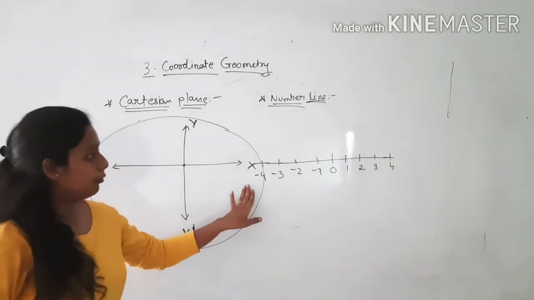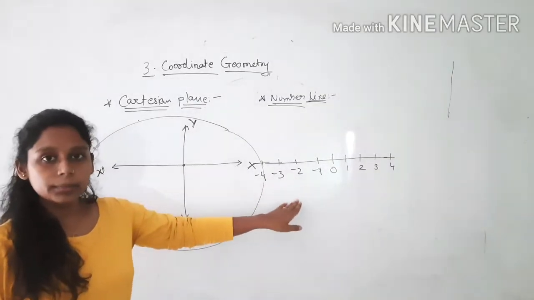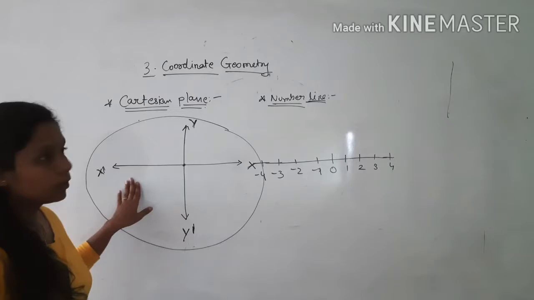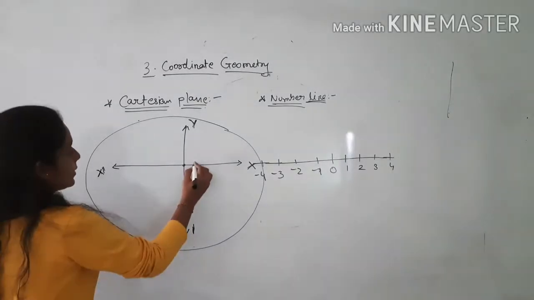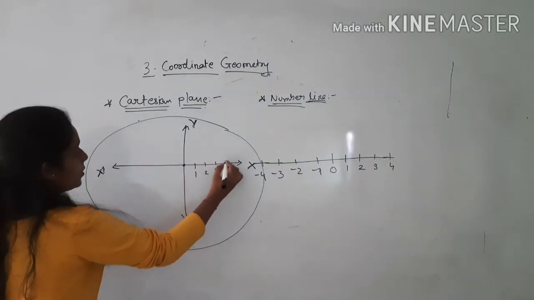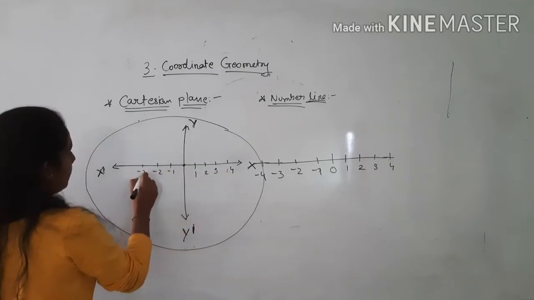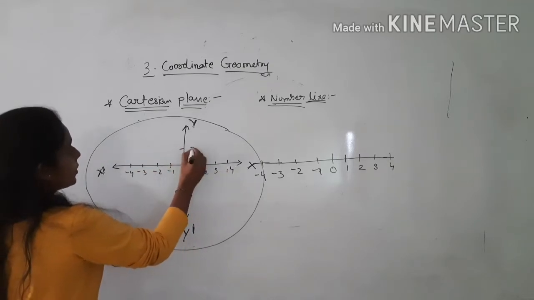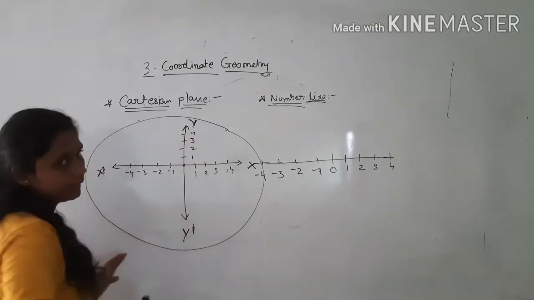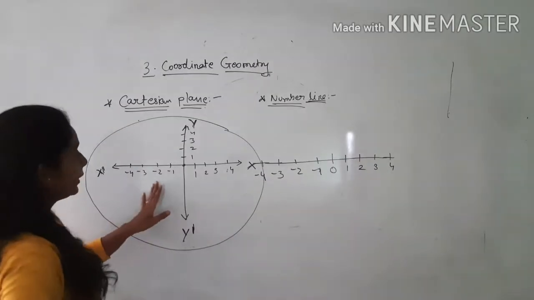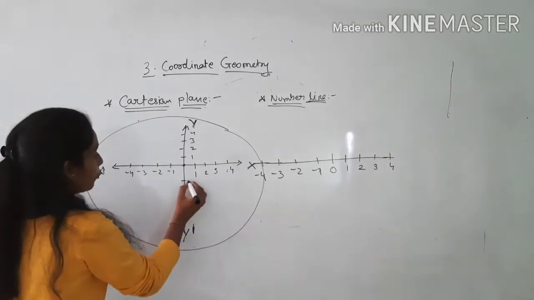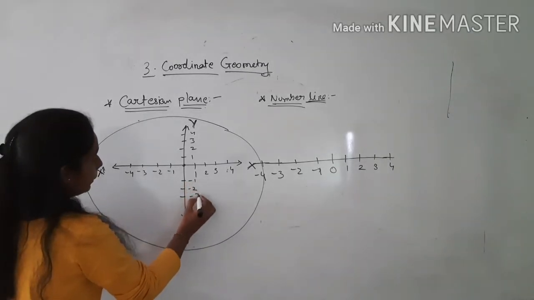In the same way as we write it on the number line, we have to write it on the axis. So for x axis, these are the positive numbers, and for y axis, the positive numbers are to be written above the plane, and for x axis, the negative numbers on the left hand side, and for y it is written below the plane.